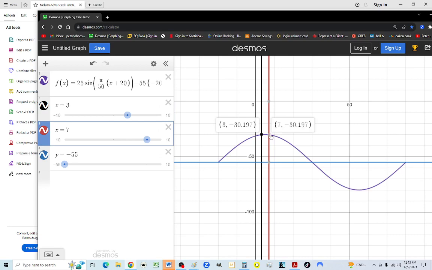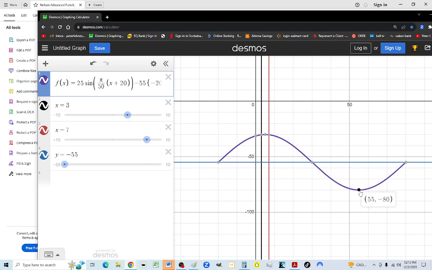I don't know why they're making this such, why is that crazy? I mean, we could have drawn it and shown, so notice it's 100 long as predicted from minus 20 to 80, because it's shifted to the left by 20, and this makes 100. It's got an amplitude of 5, and its axis is at minus 5, so that means it's going to hit a peak of minus 30 and a bottom of minus 80.